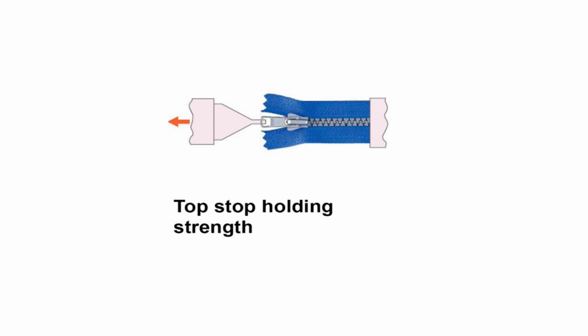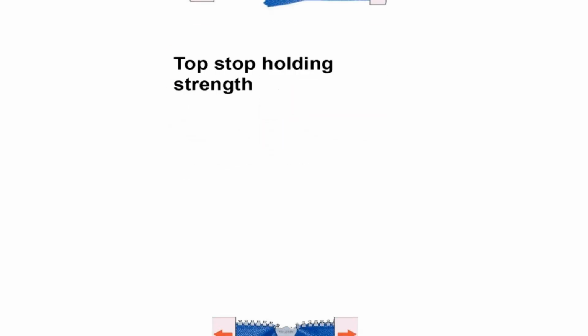If it passes, the inspector will definitely pass or certify that particular zipper assembly. If it falls below, then the quality is not acceptable, so it will not pass this inspection. So when you are talking about different areas of the zipper, that's why each plays an important role. Top stop holding strength is one of them.